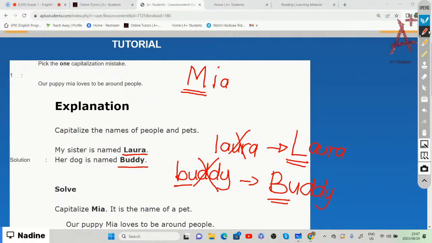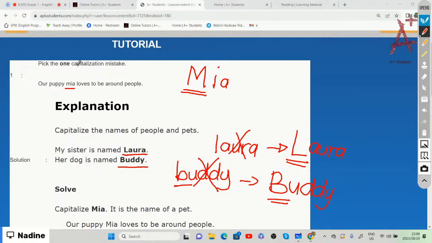So in this case, our puppy Mia loves to be around people, right? So if we were to pick one of the words that needs to be capitalized, then we will capitalize Mia, because they're saying that our puppy Mia, meaning that the puppy's name is Mia, loves to be around people. And in this case, Mia's name is written with a small letter, or a lowercase, like we would call it.